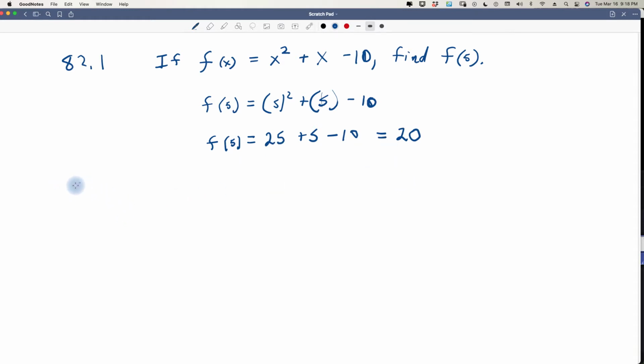82.2. This one is labeled with an H. So if h of x equals x squared plus x plus 1, find h where x is equal to a squared.